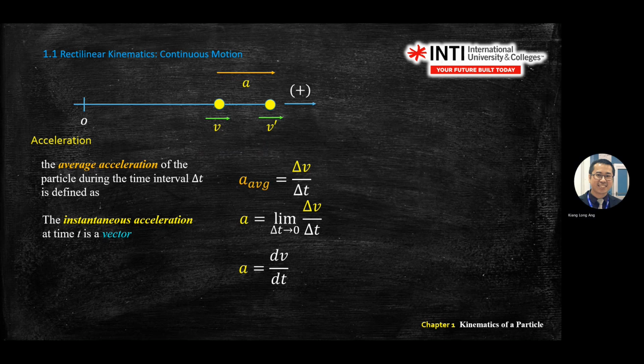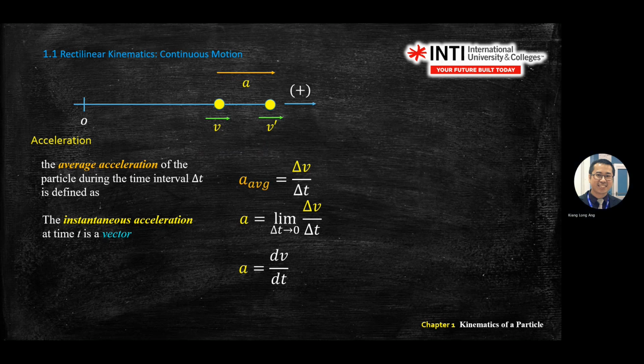Make sense? Now, if you want to find acceleration from velocity, what do you do? dv/dt means you take the v equation and differentiate with respect to time.